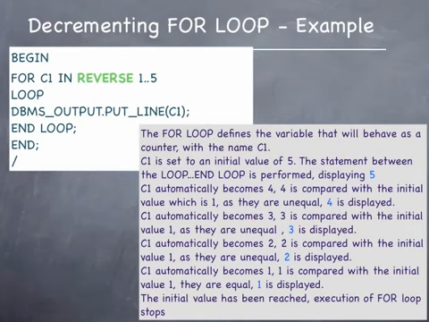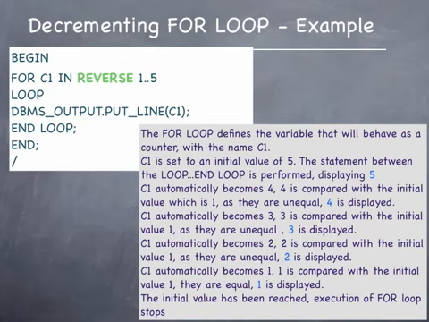A decrementing for loop is created when you use the word reverse. Notice that in the for loop it's been written as for C1 in reverse 1 dot dot 5. The variable's initial value is the high value defined in the for loop, which in this case will be 5. For each iteration of the loop, the counter variable will decrement by 1. In this program, the statement between the loop and end loop is a DBMS output line statement that displays the value of C1.